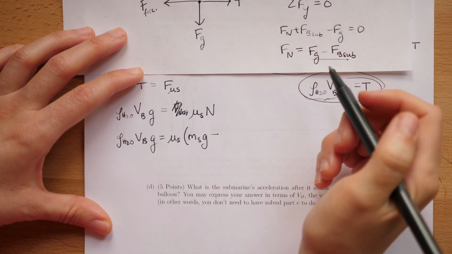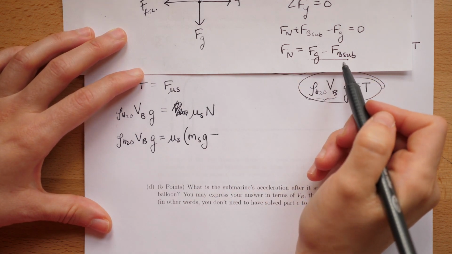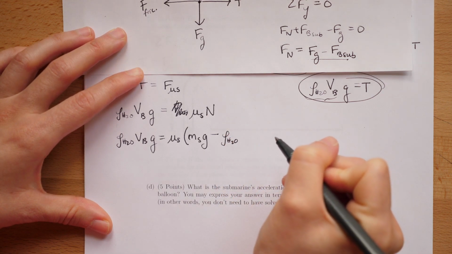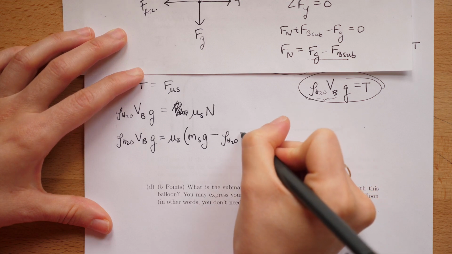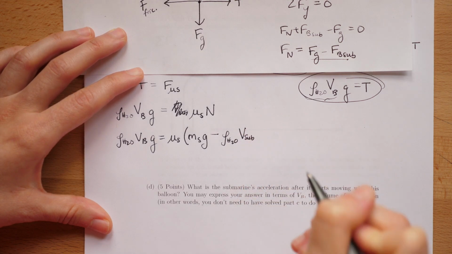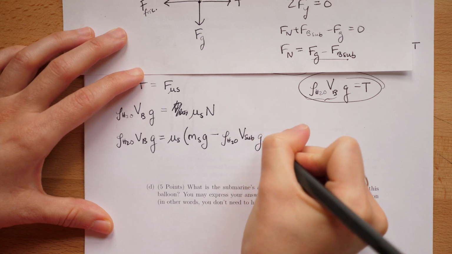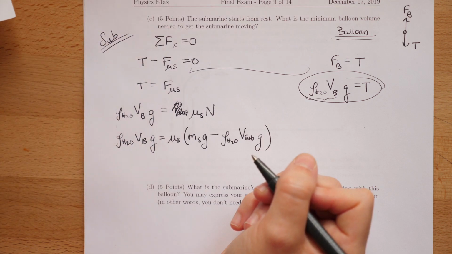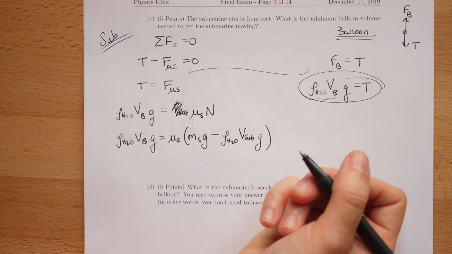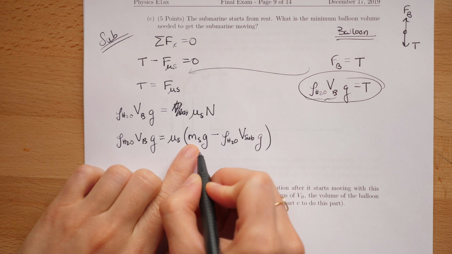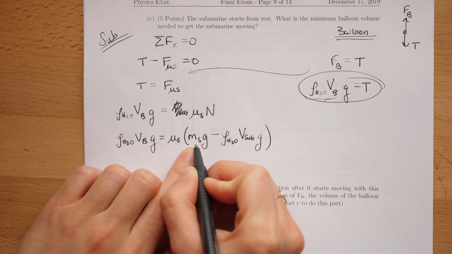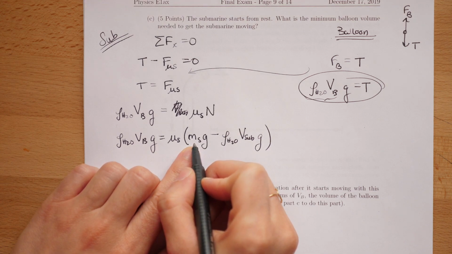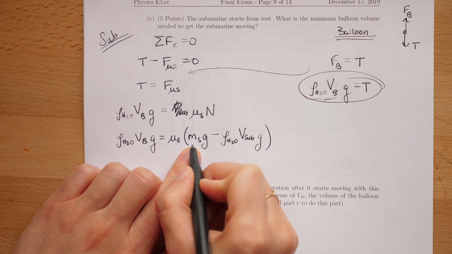So the buoyant force of the submarine is the density of the water that it displaced times the volume of the water it displaced, which is the same as the volume of the sub, times G. Now the mass of the submarine, which we weren't given, we can rewrite, because we were given the submarine's density.